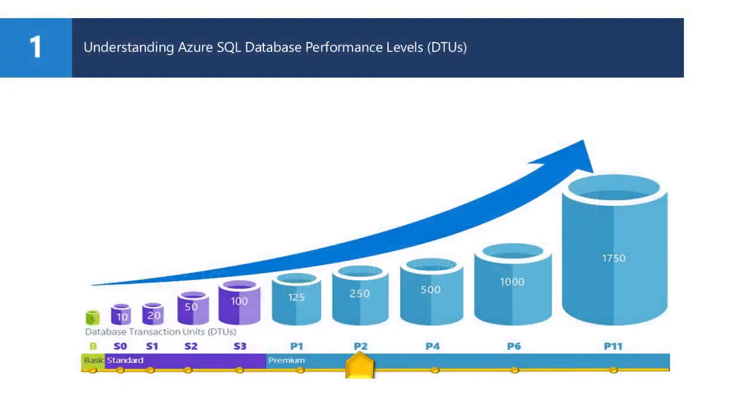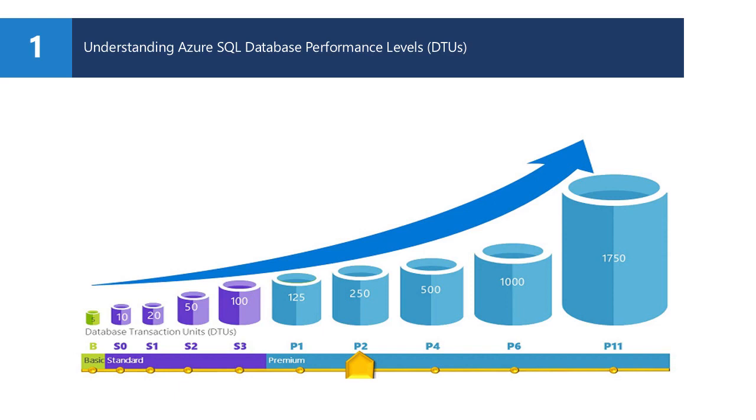This picture shows the relative service levels for the Azure SQL databases. The Database Transaction Unit, or DTU, is the unit of measure that's used to compare the service levels, describing the relative power of the service levels in relation to typical real-world database transactions. So you can see the basic database has 5 DTUs, which means it can complete 5 transactions per second.